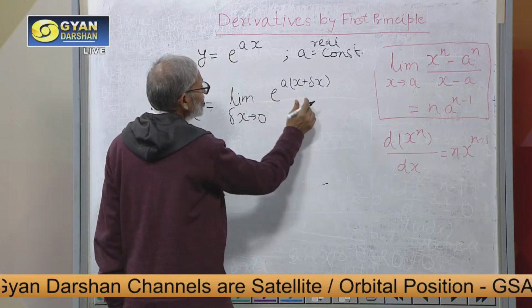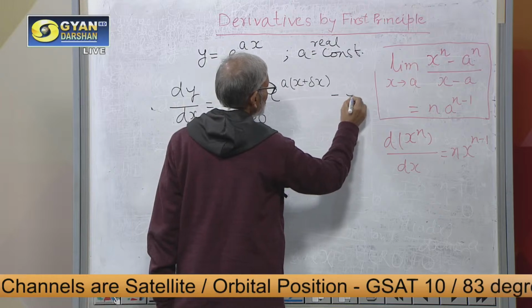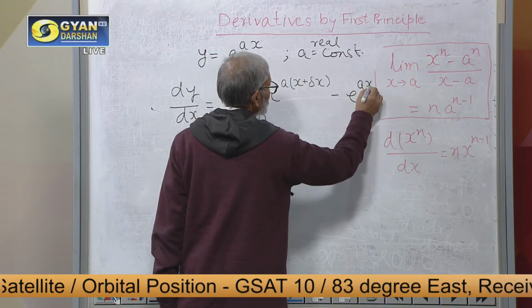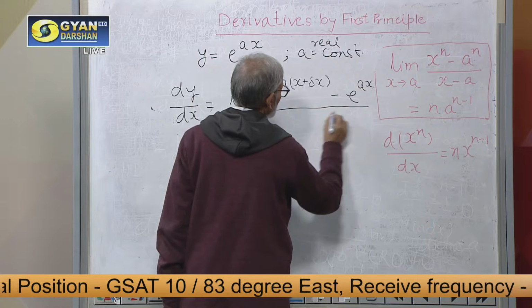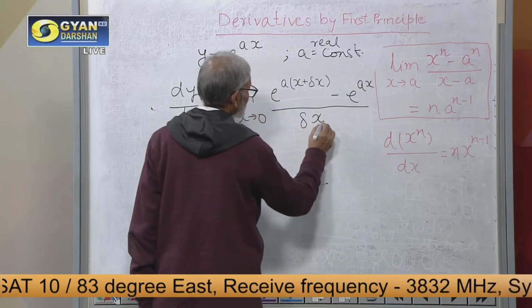This is the function f(x plus delta x), minus f(x), e to the power a x, divided by delta x.